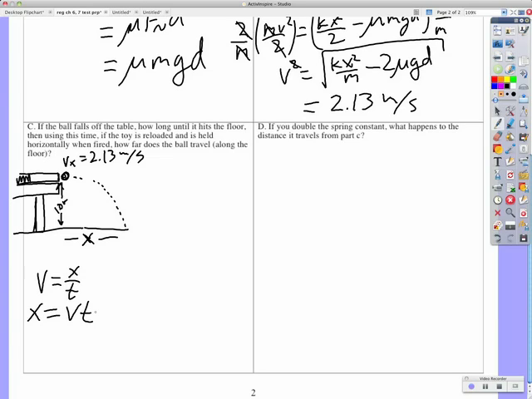All right, let's take a look at this. We need the time, right? So we want time. What do we know about our fall? So vertical. Think vertical. What do we know? We know that y equals 1 meter. True? What else do we know? Think vertical.